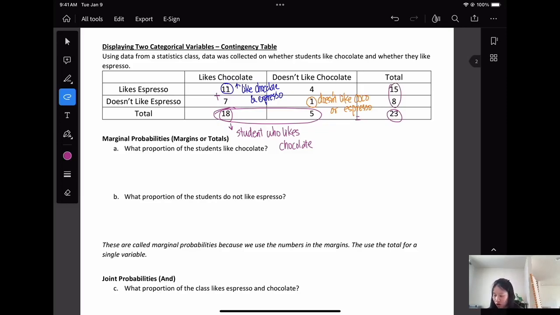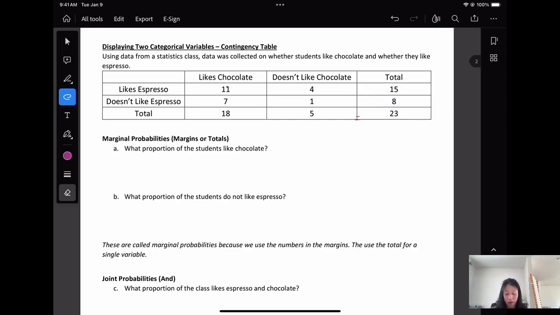Now, the marginal probability. What proportion of students like chocolate? I'm going to erase this one. We want to know the students who like chocolate. In this case, we don't care whether they like espresso or not. They can like espresso or not, that's fine.